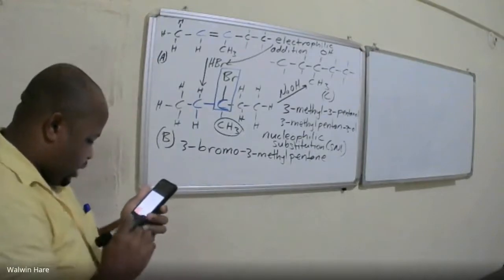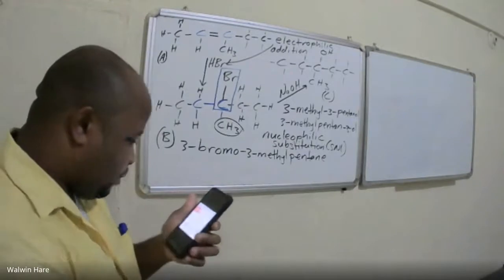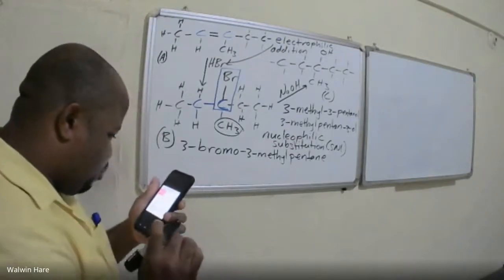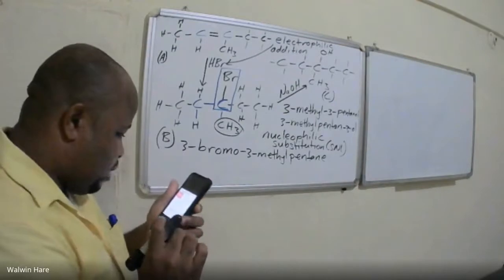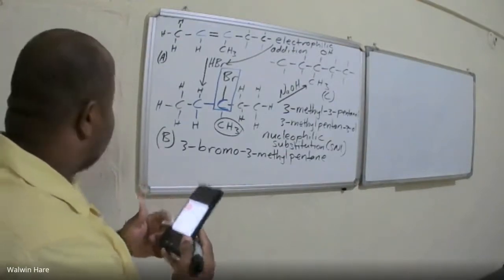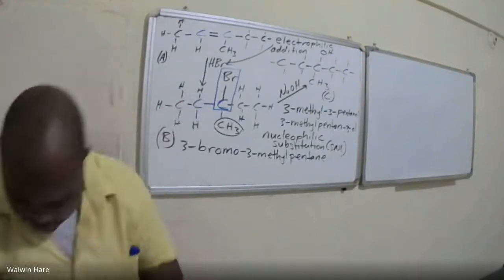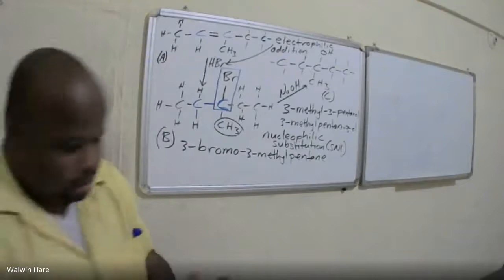Alright, so we finished part A, part B. Let's move to part C. Using curved arrows to show the movement of electrons, the mechanism for the conversion of A to B. So for the conversion of the alkene to the haloalkane. So let's do that part.